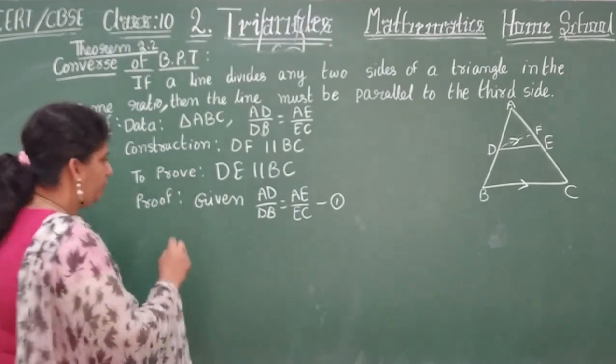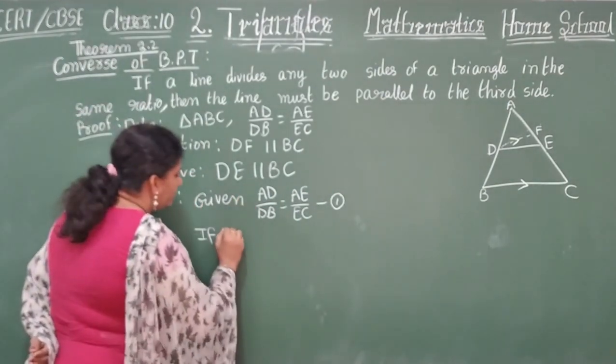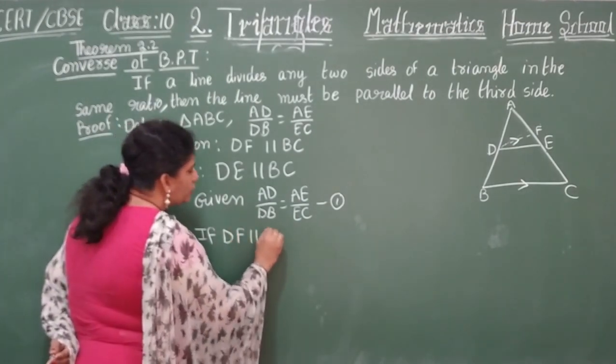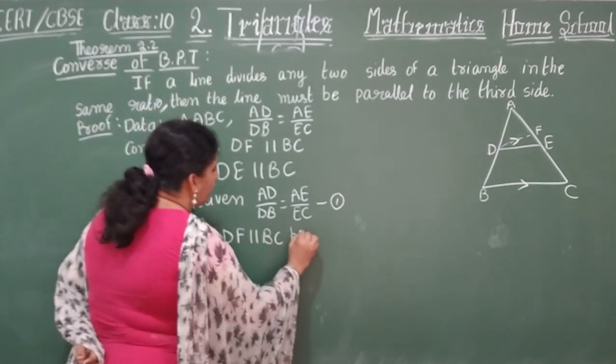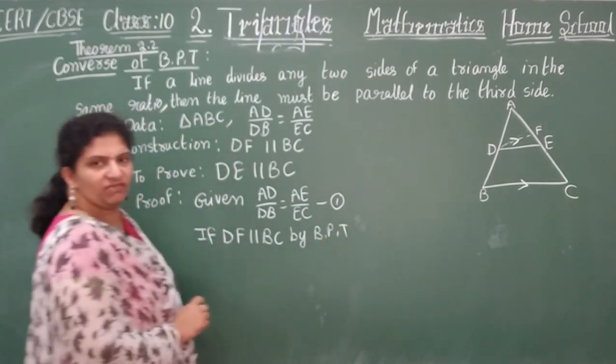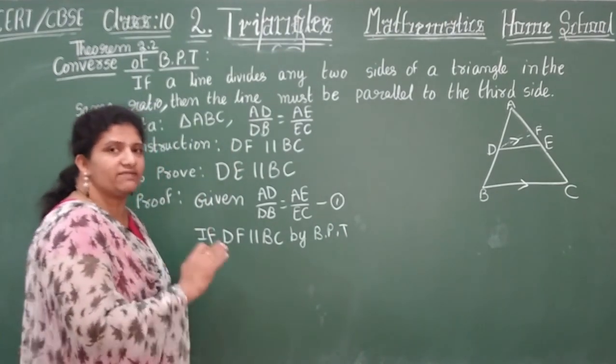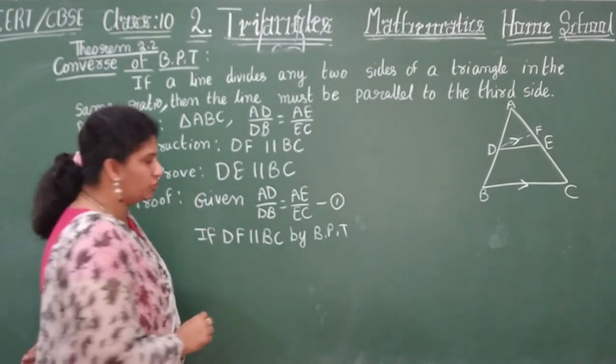Now, let us take here, if DF is parallel to BC, by the basic proportionality theorem, if a line is drawn parallel to any one side, what you can say? It is dividing the other two sides in proportion.